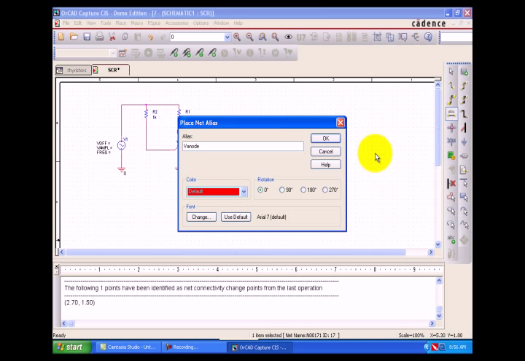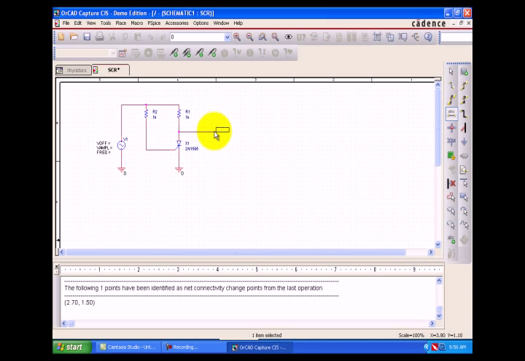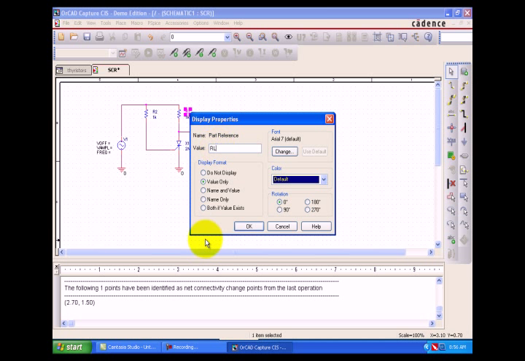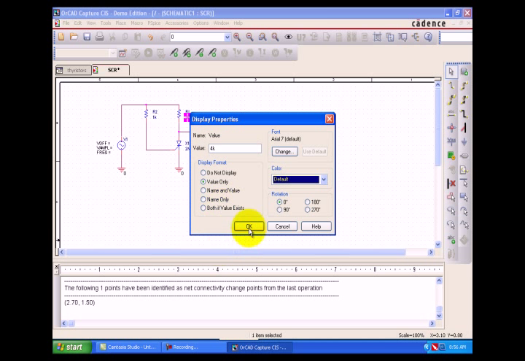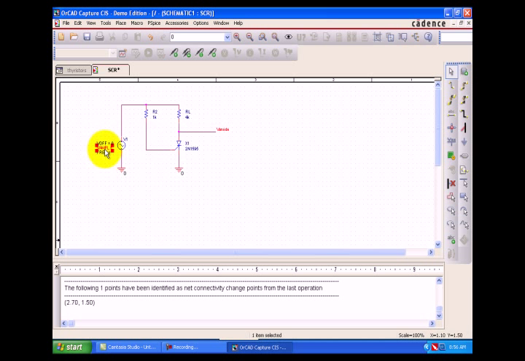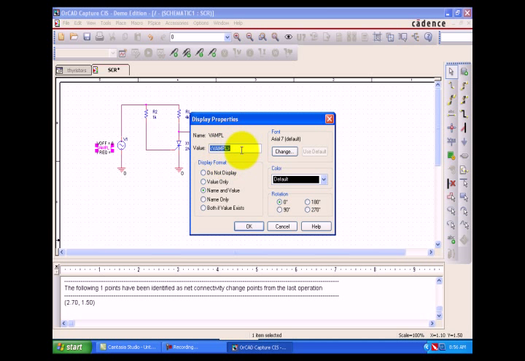That's V anode. Set the parameter of RL to 10K. We have first selected 4K, sorry. V on and off, V amplitude of 20 volts, frequency of 1 kilohertz.